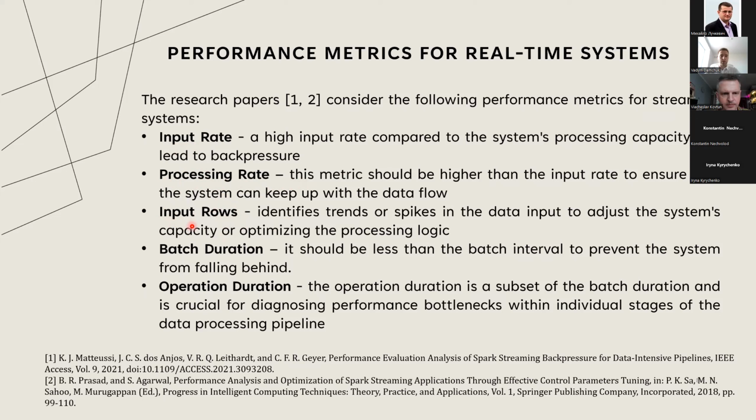This metric shows the sizes of the input batches of the input data frame. Batch duration tells the time it takes to establish connection to the source and to wait for the result from the target. While operation duration is a subset of batch, it shows the time it took to transform the data.